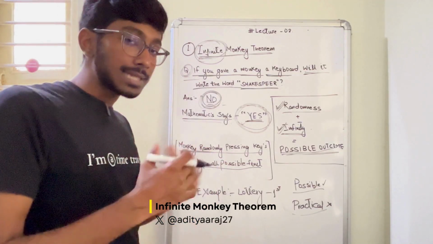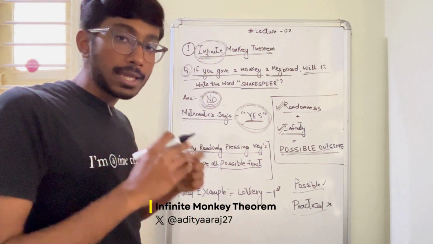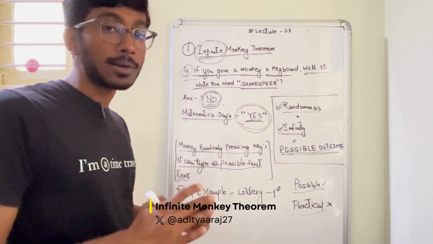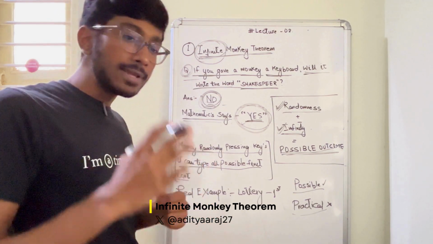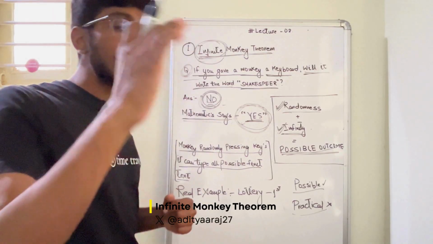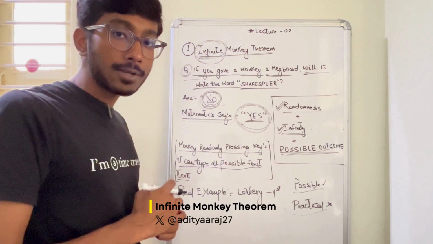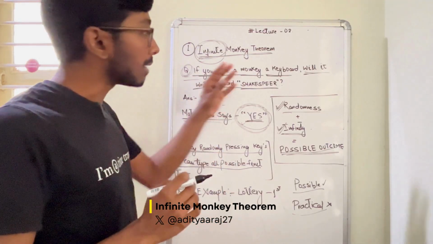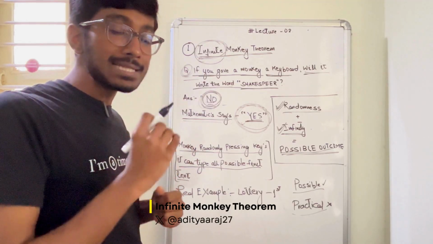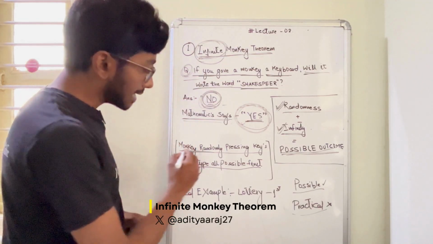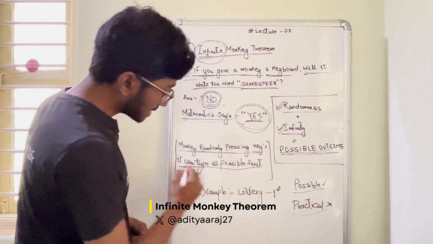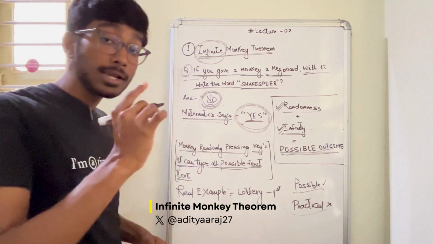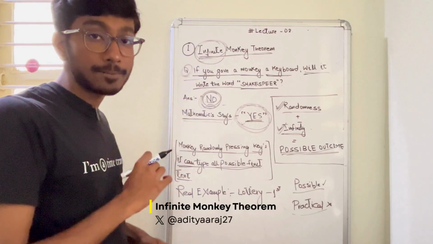Now, let's understand this with a real world example. If a man is buying a lottery ticket, he might or might not win the lottery at the first attempt. But if he keeps doing it continuously for infinite times, do you think he will win the lottery? The answer is yes. That's the same concept that has been applied with the monkey as well. It is said that if a monkey is randomly pressing keys, it can type all possible finite text, including Shakespeare's Hamlet.